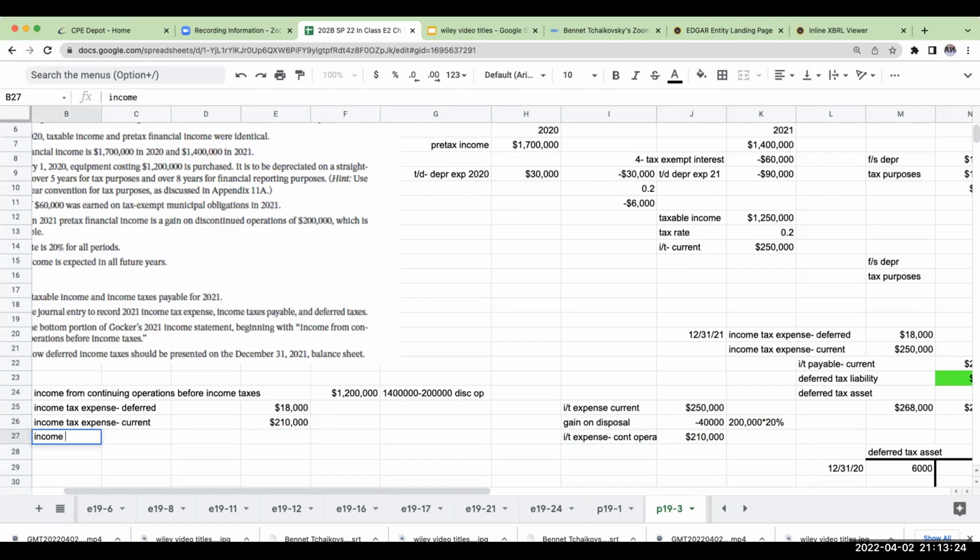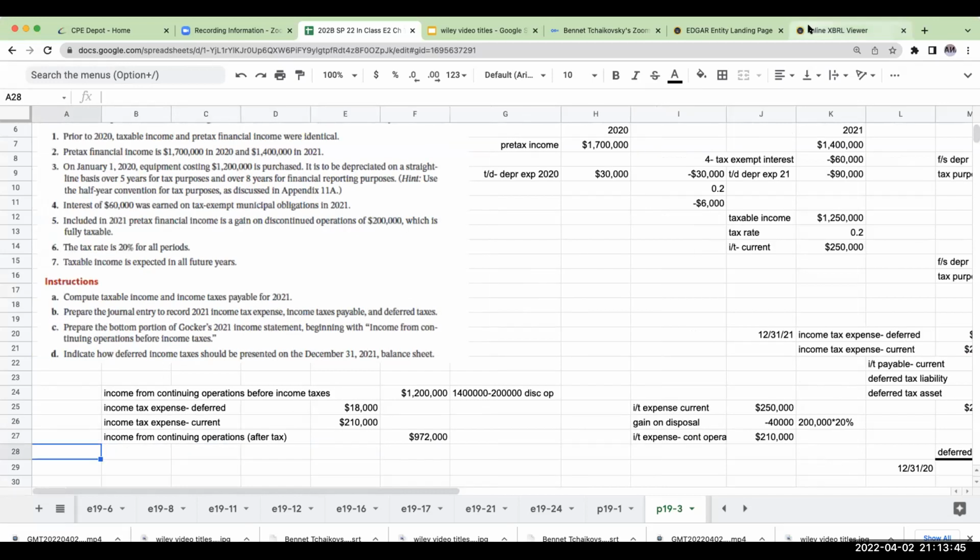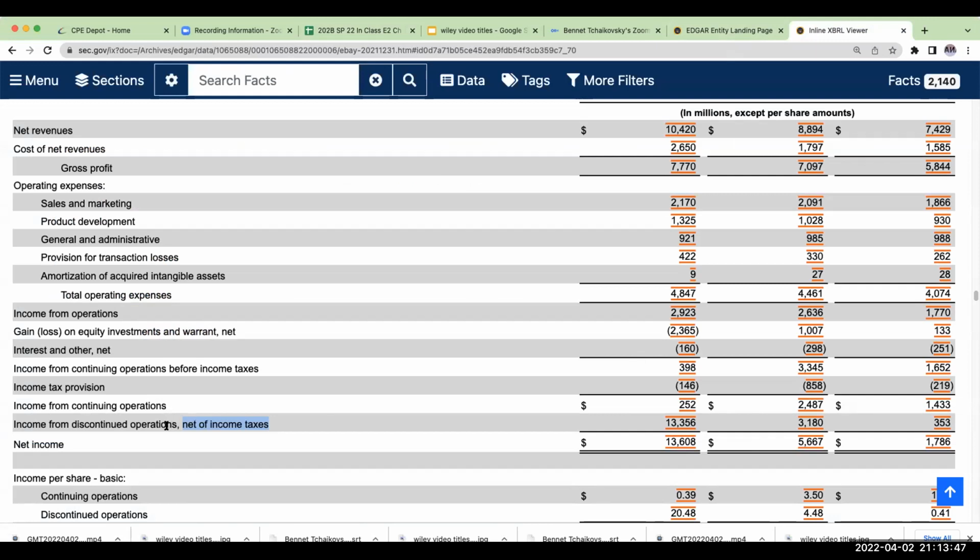And so my income from continuing operations, this is really after tax, is going to be 1.2 million minus 18 minus 210, or 972,000. Now, going back over here to our eBay example, what I now need to show is the income from discontinued operations, but net of income taxes.